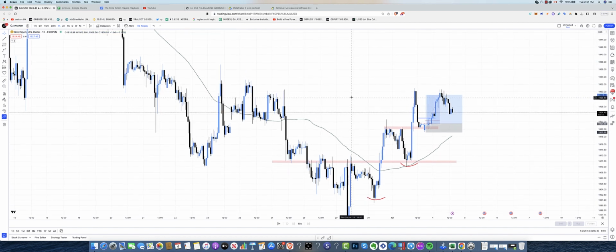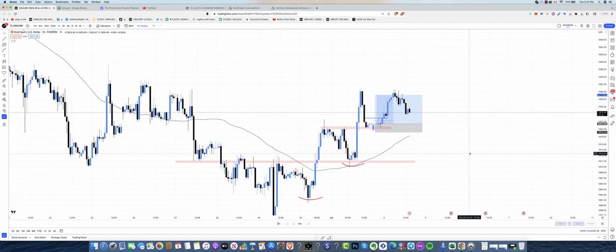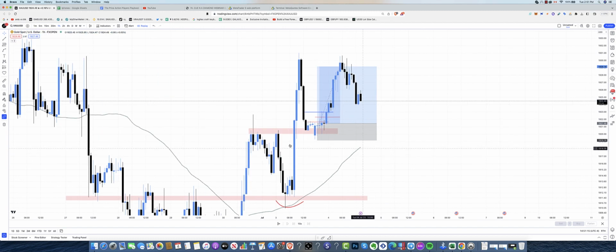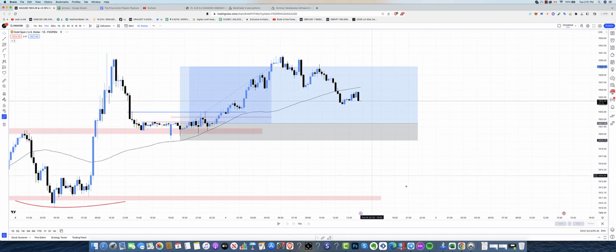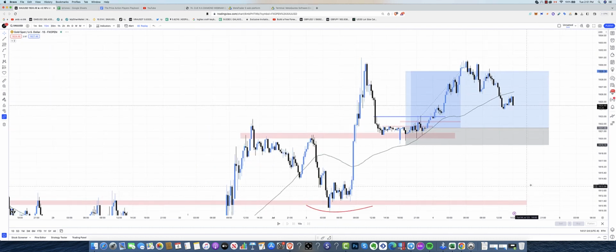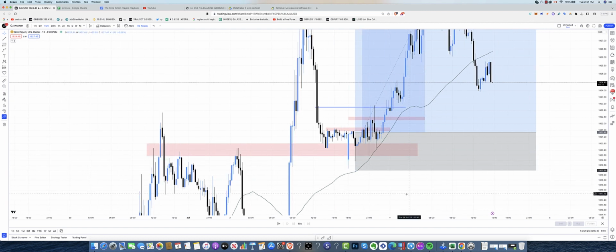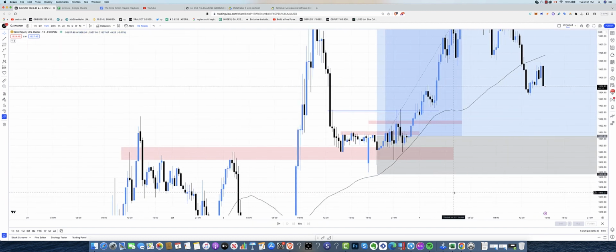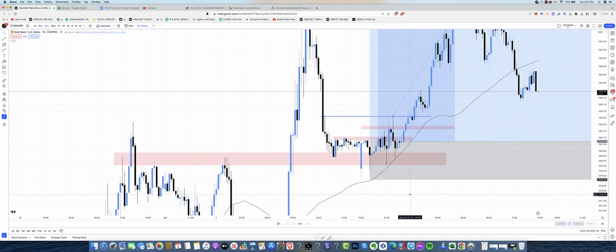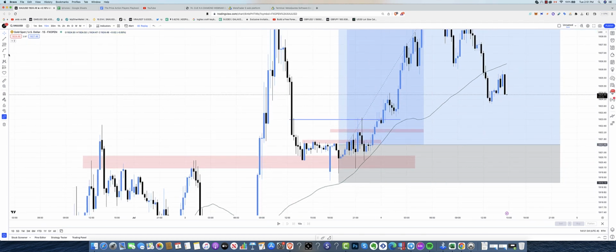And so what we were looking for, when the price came to this area, was to enter. Now, where did we enter? The most ideal area to actually enter this trade, after reanalyzing it, would have been this candle right here.